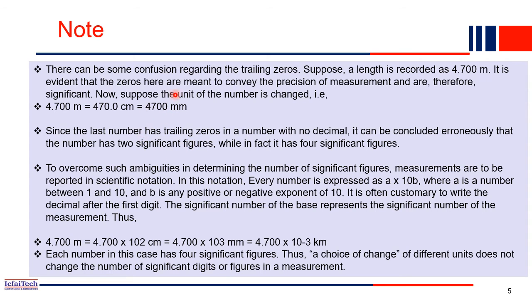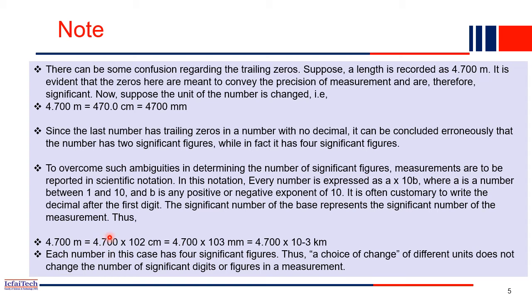To overcome all these things, what we introduce is the 10 to the power b notation. So this is not 10b, it is 10 to the power b. If you denote the number in that fashion, then the error will be reduced. For example, you have 4.7 meters, the same example I have considered. Now if you want to convert it into centimeter, let's keep it 4.700.